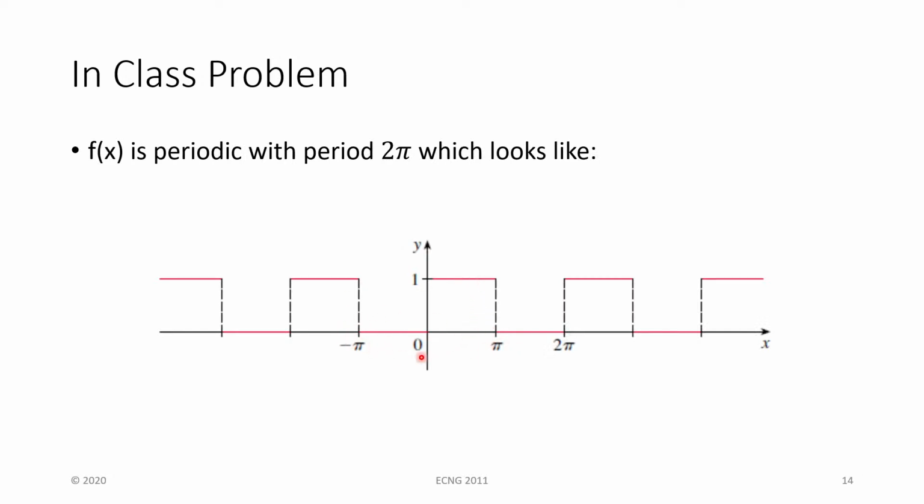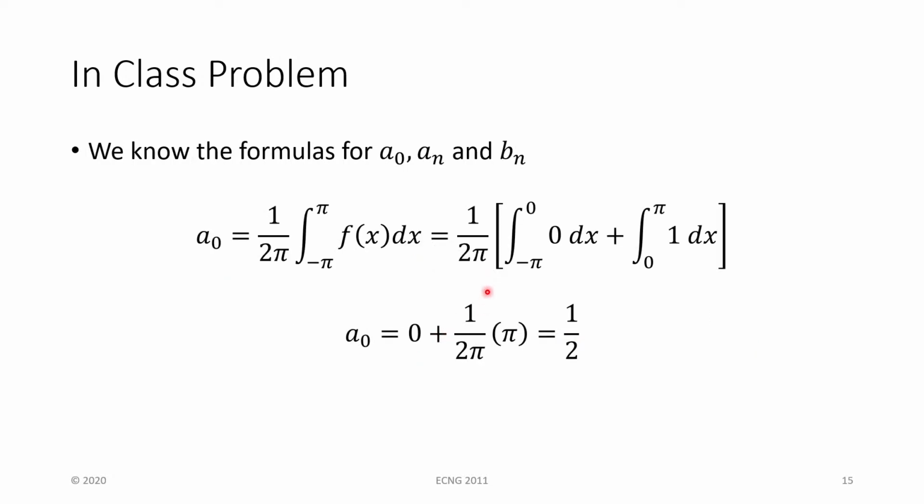So we integrate with respect to this. If we split our signal here, because half of it is going to be 0 and the next half is going to be 1, the integral part for 0 is going to be between 0 and negative pi from our graph, and the integral part for 1 will be in between pi and 0. Once we conduct our integration, after we do our maths, A0 is going to equal 1/2.